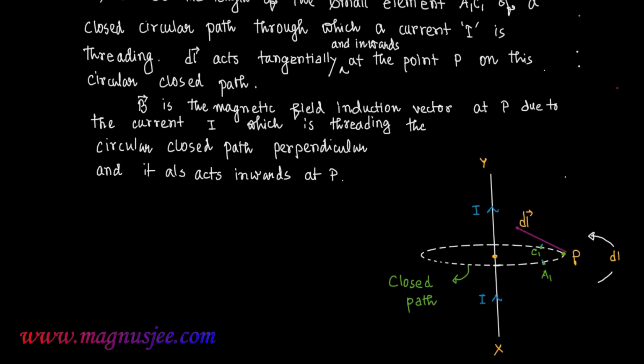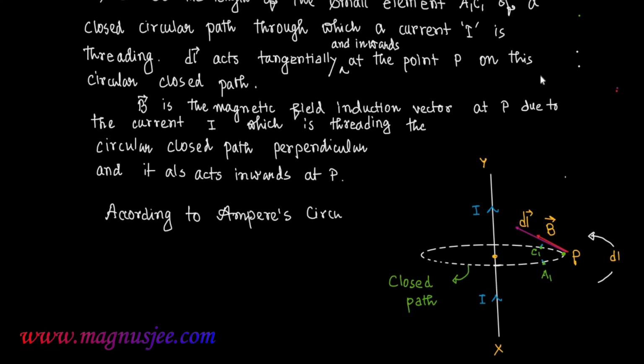Similarly, the magnetic field induction at the point P due to the current I is vector B, which acts inwards. That means vector B is parallel to vector dl.